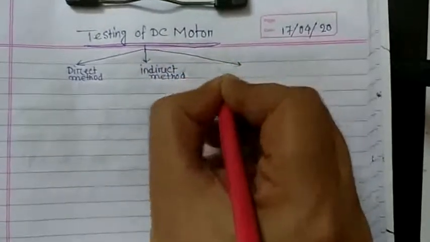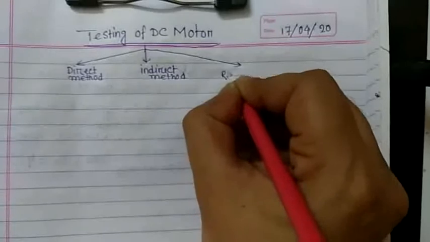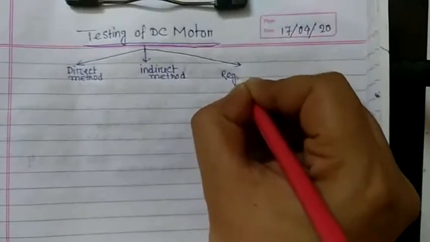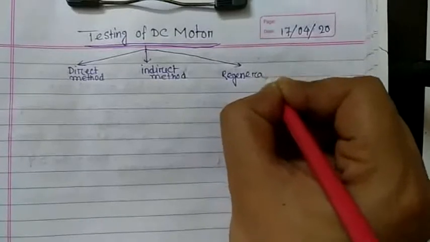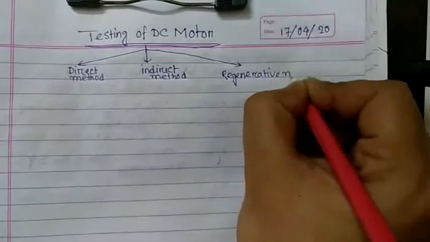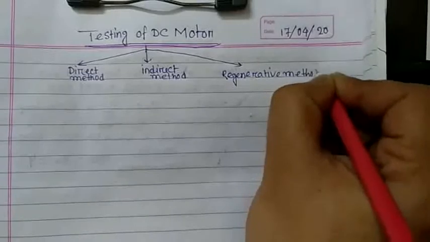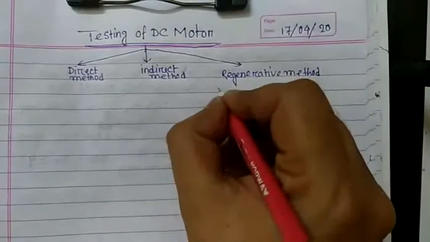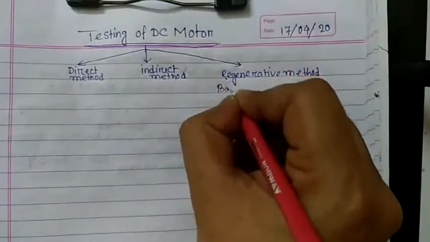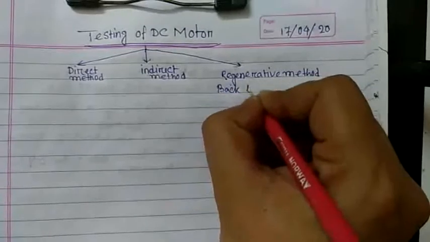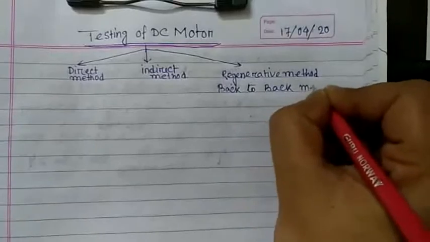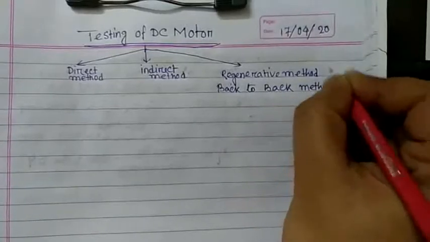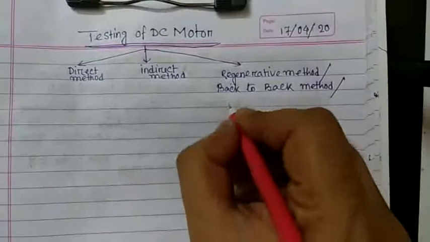Number three, regenerative method, or back to back, or Hopkinson method.